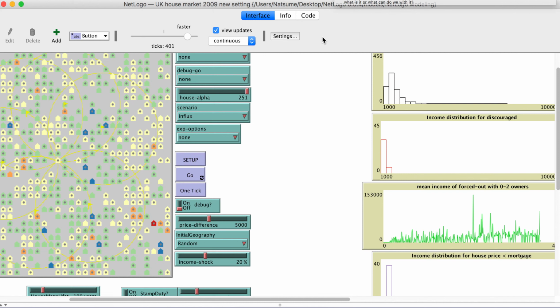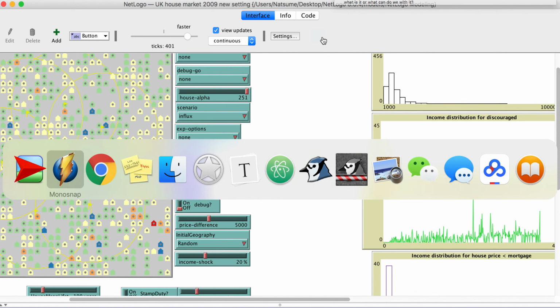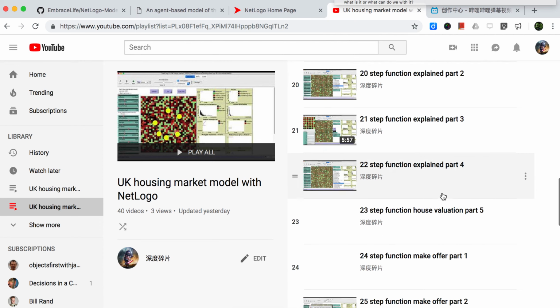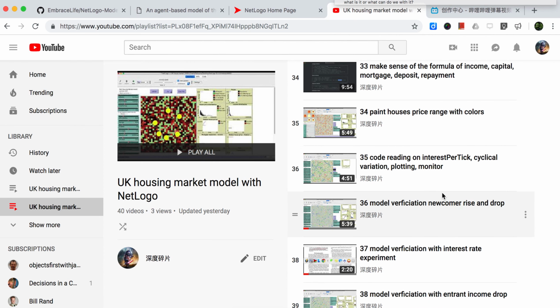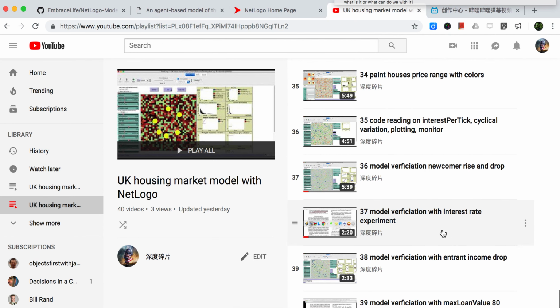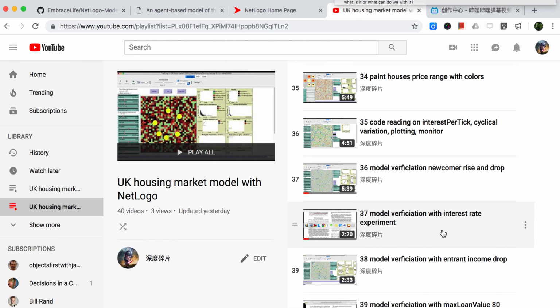According to the paper, and also according to many textbooks on how to verify ABM, this type of modeling, one way to verify it is to see whether the well-observed complex patterns can be replicated, can be generated by the model. And if our model can generate those patterns, then our model is verified.